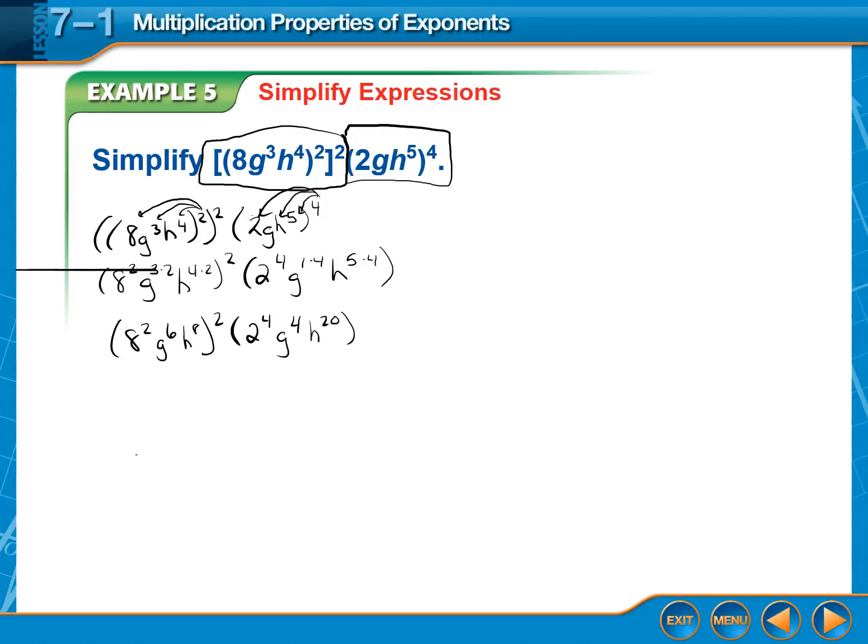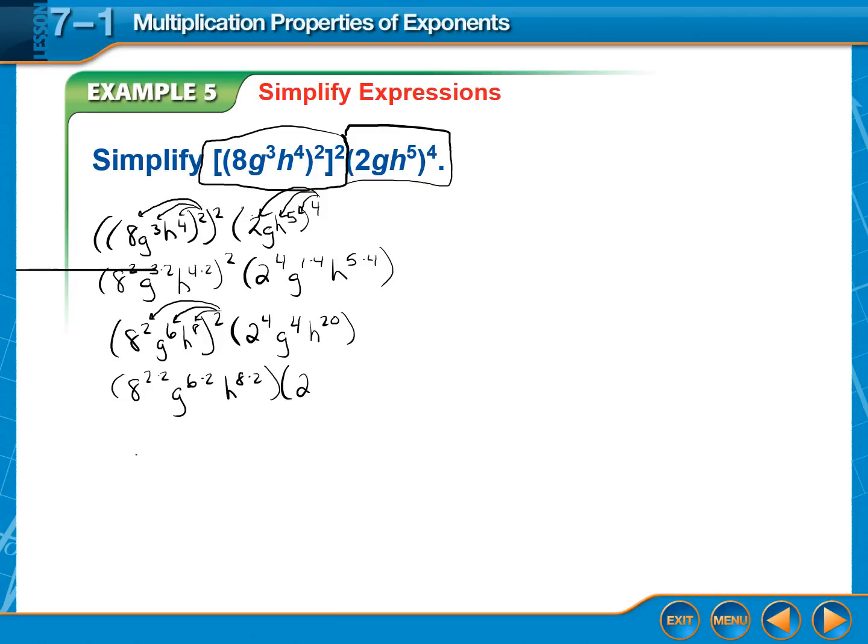Now let's repeat the process over on this first part of it by sharing the 2 again with all the parts of that product. So for 8, we're doing 2 times 2. Oh, didn't mean to close the parentheses there. So 2 times 2. G, we're going to multiply 6 times 2. H, we're going to multiply 8 times 2.